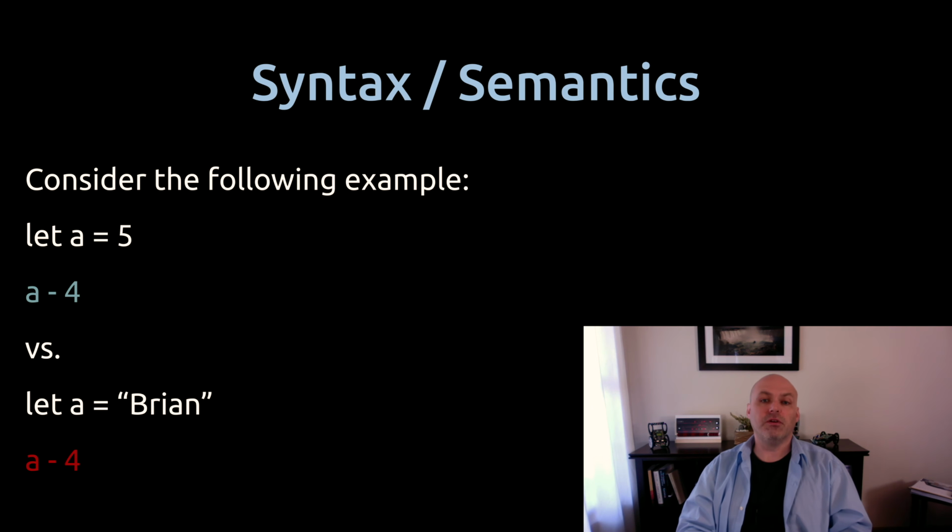Now, it's important to note that semantics do vary between different programming languages. For example, if I had actually said a plus 4 instead of minus 4, depending on the programming language, it might actually have been semantically correct. And that is because some programming languages would have taken the 4 and done what's called a concatenation. They would have added the 4 to the string.